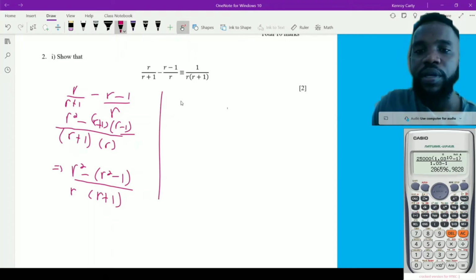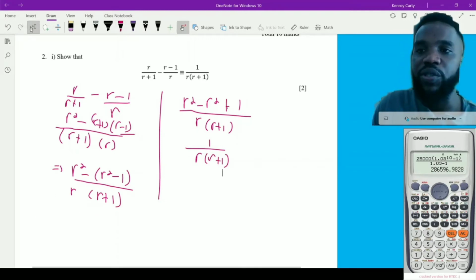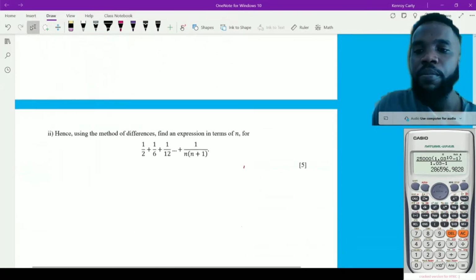Now let's clear the bracket. We have r squared minus r squared, and minus here gives you a positive 1 over r into r plus 1. So I'm going to end up with 1 over r into r plus 1. Now notice how I switch the r plus 1 and the r, because multiplication is commutative, so that's no problem there. Alright, so easy 2 marks for you to get.